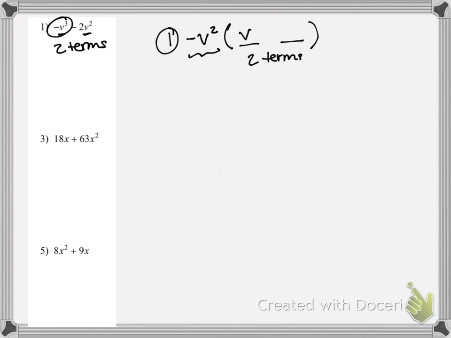And I took that negative out, so I've got a plus, and I still have a 2, but on this term here I got rid of V squared, so it's gone. So there's only a 2. And that's all you do for number 1.